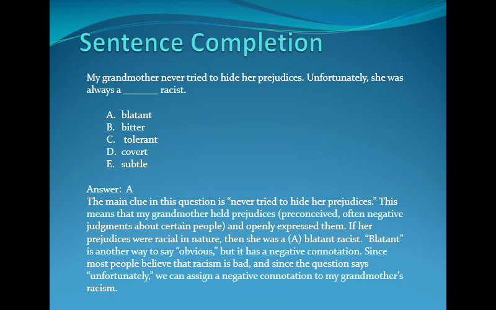You obviously can't be a tolerant racist, as in choice C. What's tolerance got to do with racism? Similarly, covert means shy. So obviously nobody can be a shy racist. And of course, subtle means soft. Racist being a negative word, you cannot be a soft or downplayed racist. So you have to go with choice A, which is blatant racist, which means obvious racist.